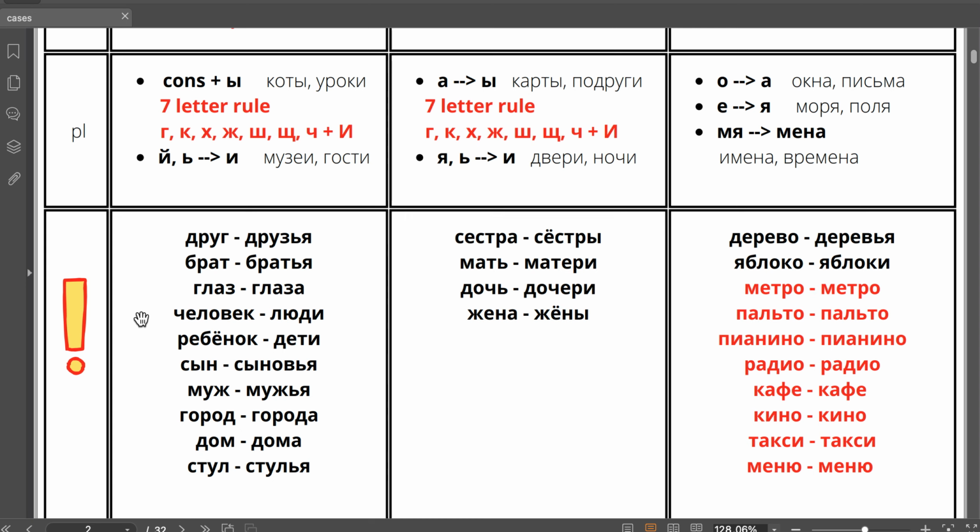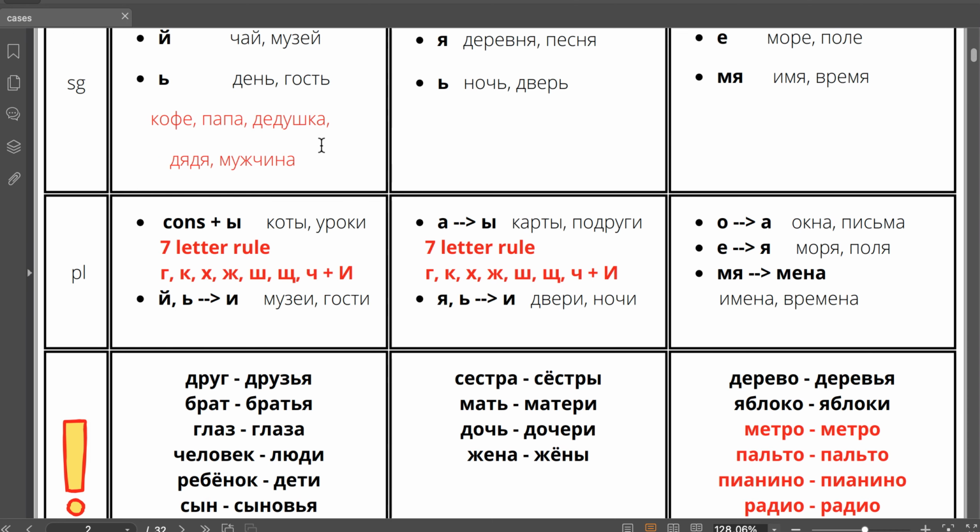Let's look at plural masculine irregular. We have singular forms on the left side and plural on the right side. So we have друг, друзья. This is number one. I'm smiling because students always say други. They know the rule, they put г, and you use the seven-letter spelling rule.